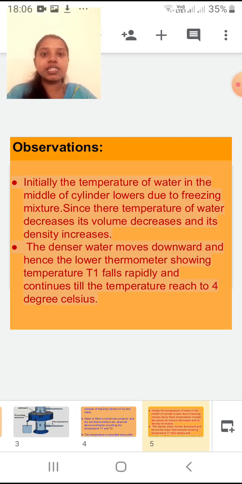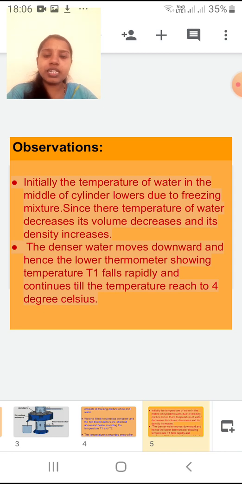That means it will decrease, and hence the volume will also decrease, but the density will increase. As the density increases, that dense water will go downwards.